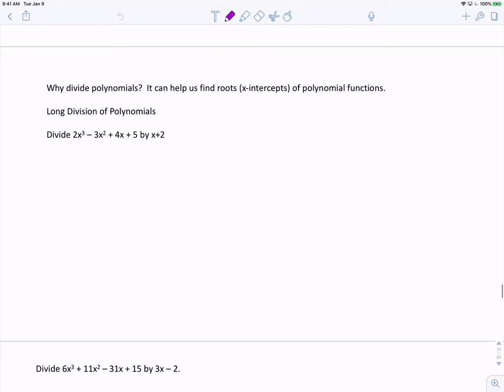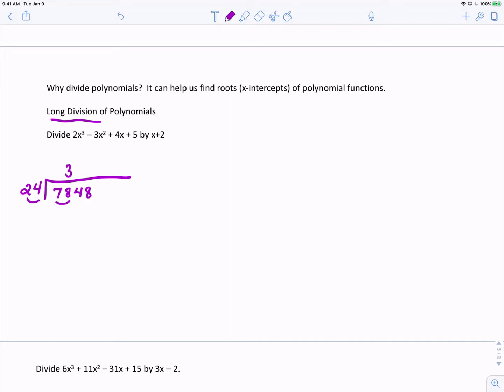Now, long division of polynomials is done exactly the same way long division is done with numbers, like you may remember in elementary school learning how to do long division. So you would have some kind of long division problem, and you would say, okay, I need to multiply 24 by something that gets really close to 78, and then you would guess, oh, maybe 3 times.